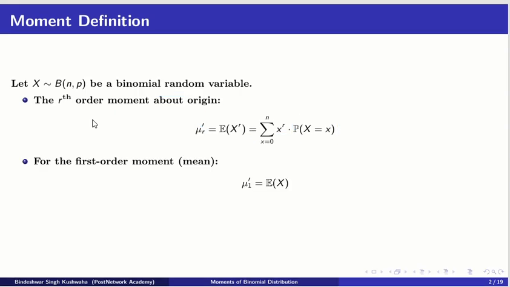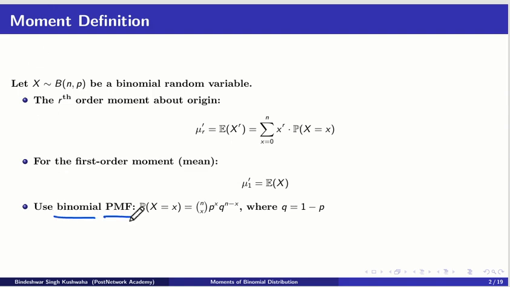Now the first moment. We will use the binomial probability mass function, that is nCx p to the x q to the n minus x, where q is equal to 1 minus p.